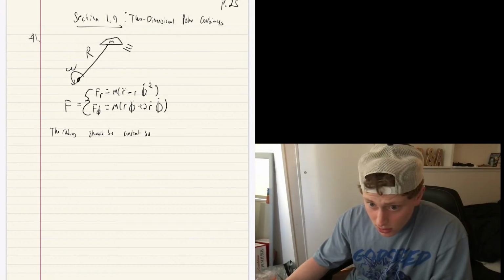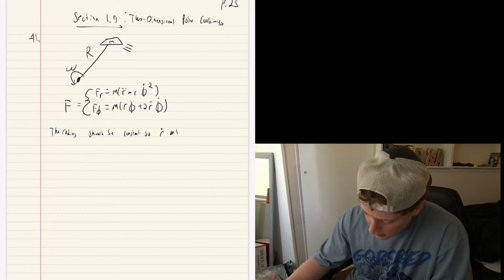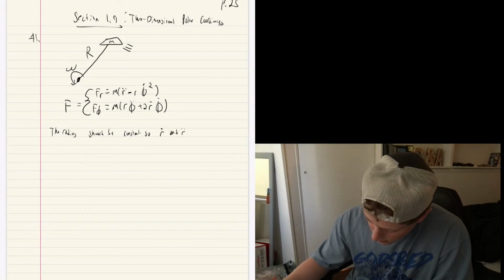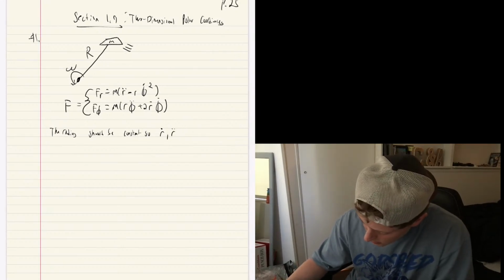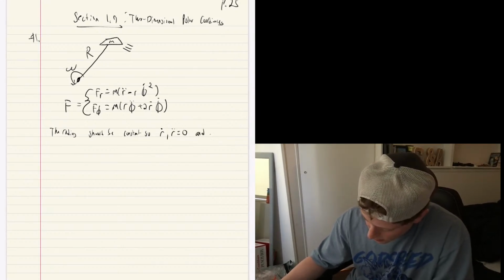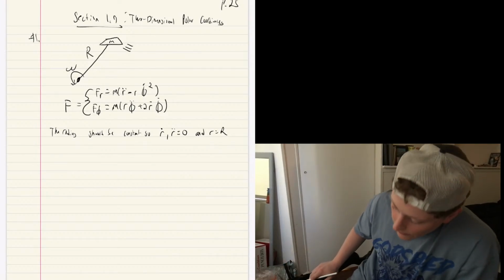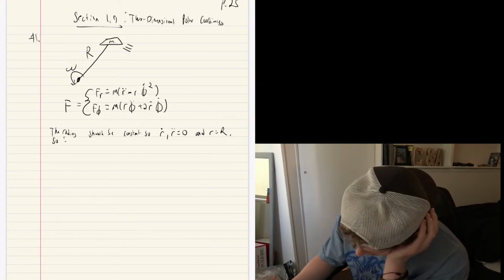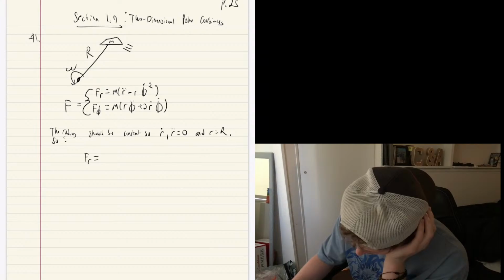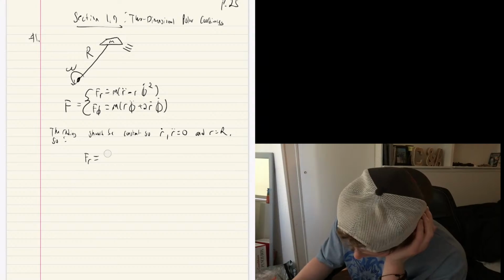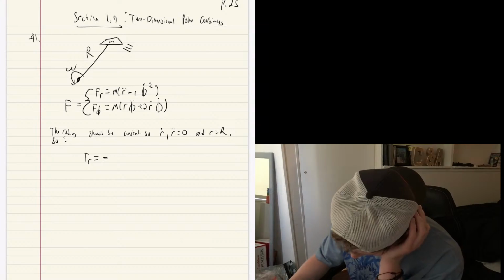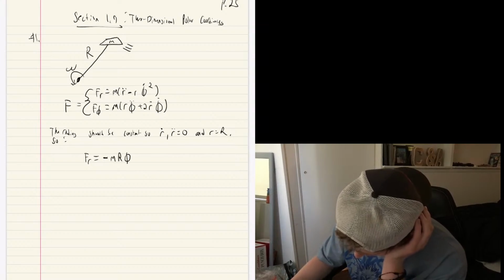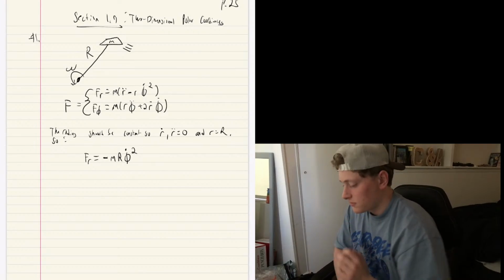So r dot and r double dot equal 0, and r is equal to big R. So we should have that F_r is equal to the mass times negative, negative m R phi dot squared.